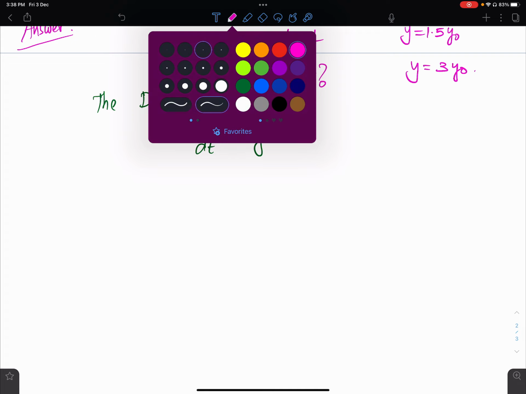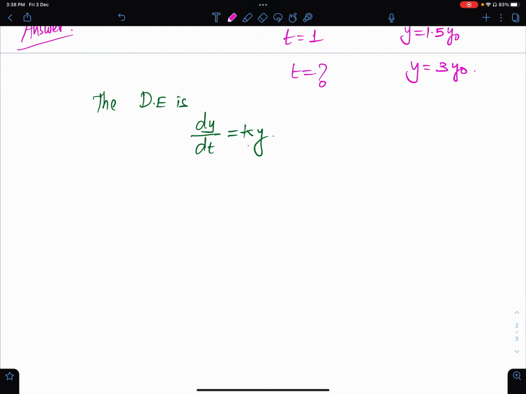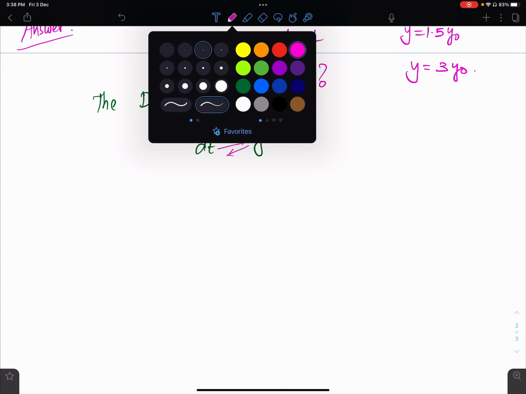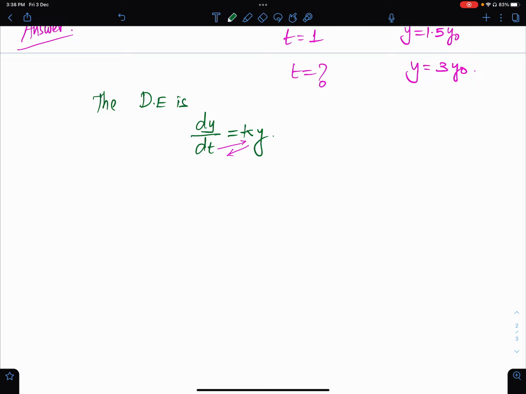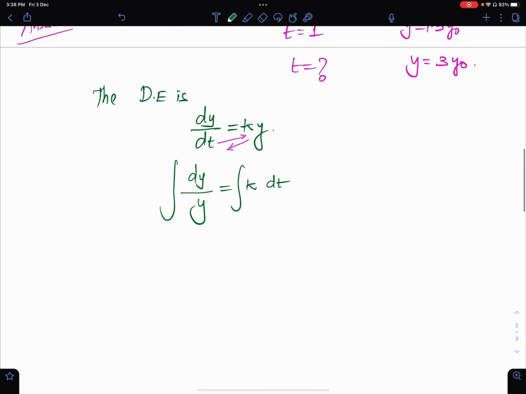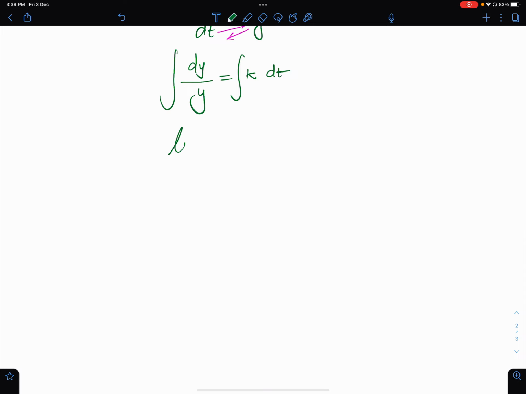So what I am going to do: separate the variables. I take y on this side and dt to the other side. So dy by y is equal to k dt. Integrate both sides. You will get ln y equal to kt plus c.